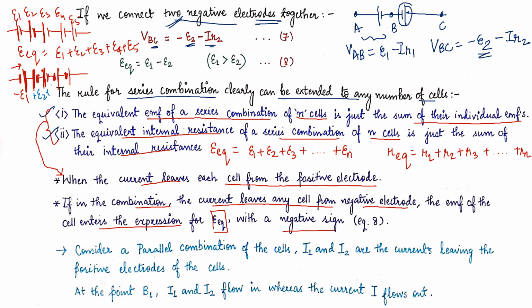This will also have plus E3. This will have minus E4, and this will have minus E5. For this case, E equivalent will become minus E1 plus E2 plus E3 minus E4 minus E5. So here they show the changes. This is what this second statement is trying to explain.